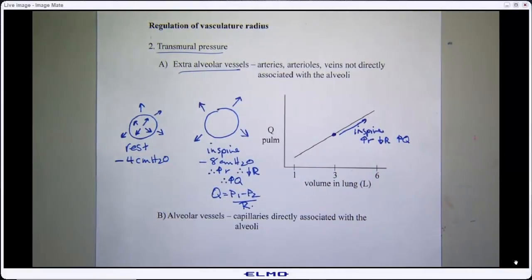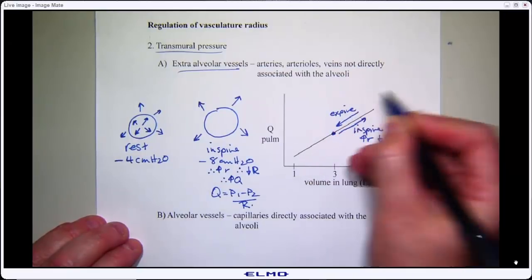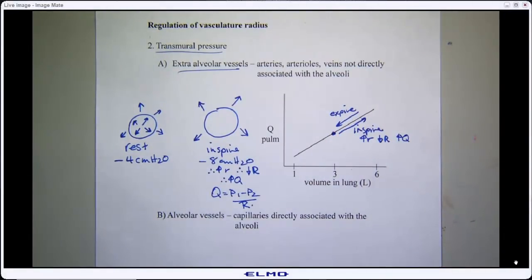And then as you expire, you do the opposite. Decrease radius, increase resistance, decrease flow. So you are changing flow. This is a cyclical thing, right? If at rest you're breathing 12 times a minute, then you're getting increases and decreases in flow across the system based on transmural pressure.